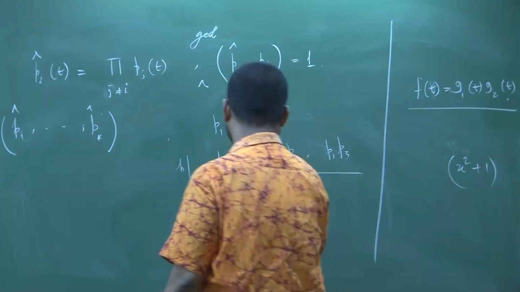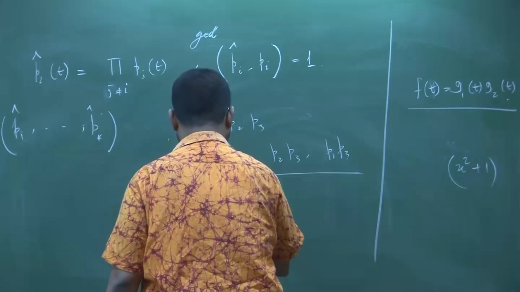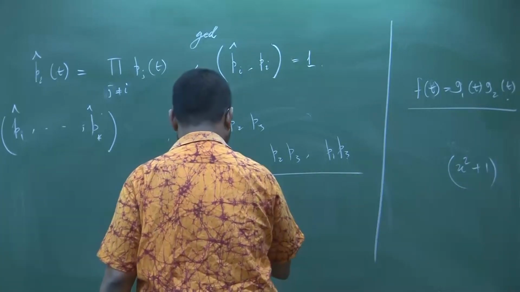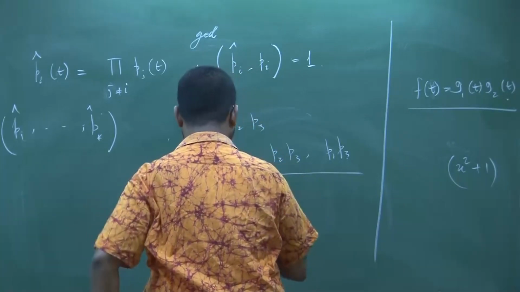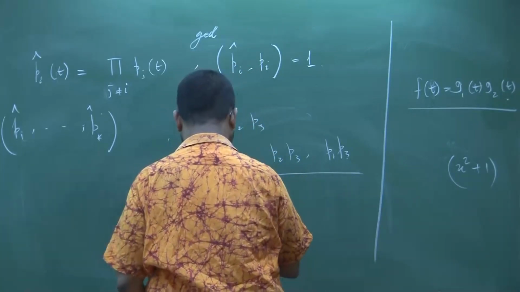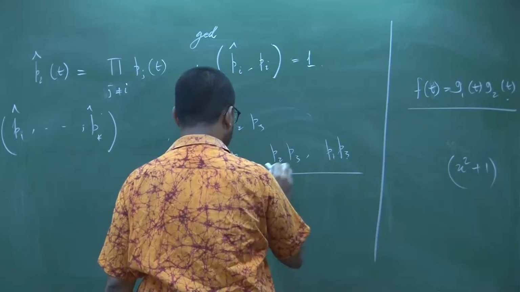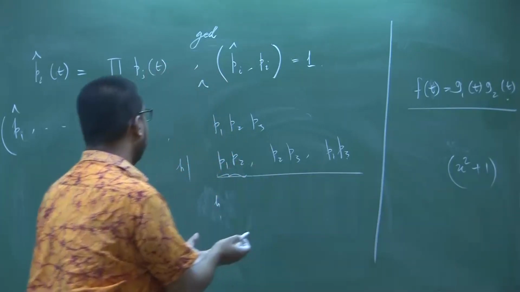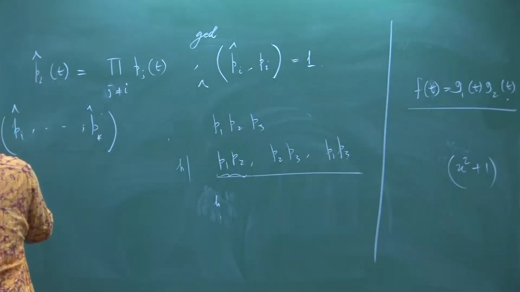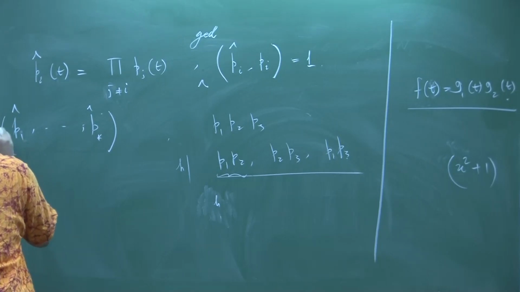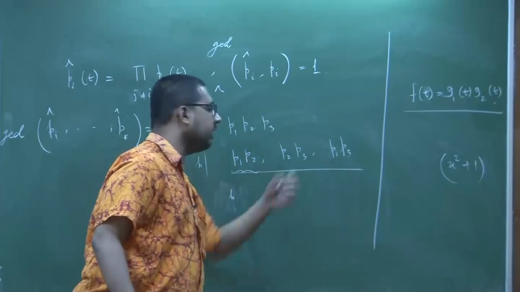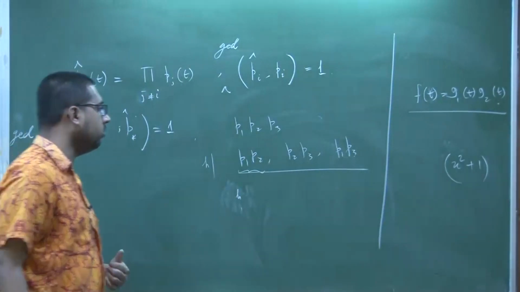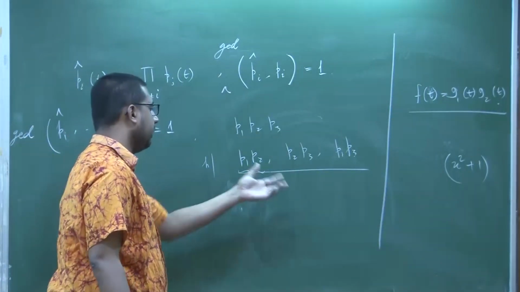I am just trying to explain by a very special case why the GCD is 1. So, suppose H divides all of them, then can you arrive at a contradiction?